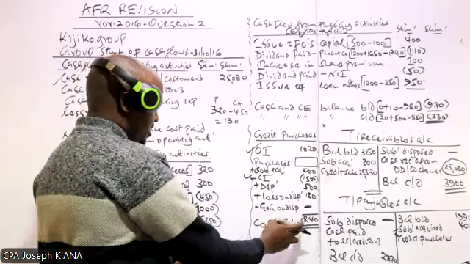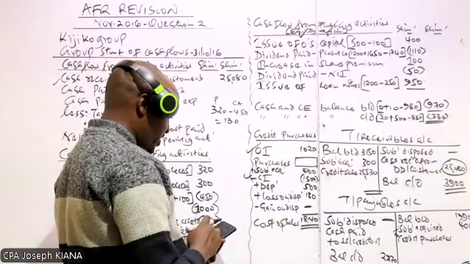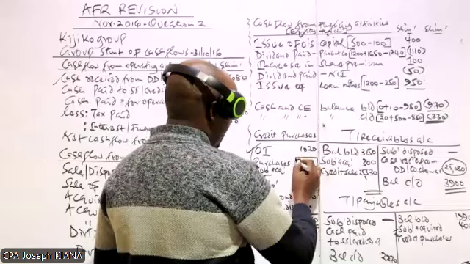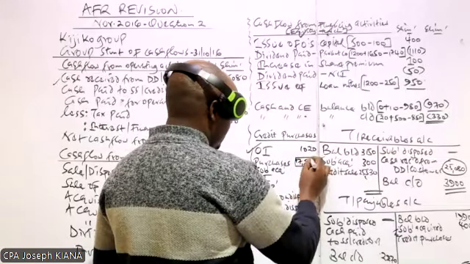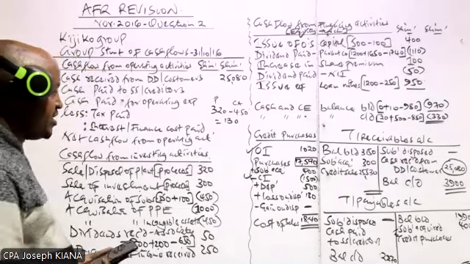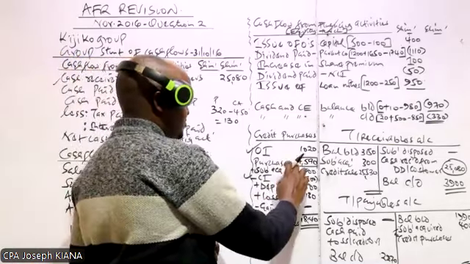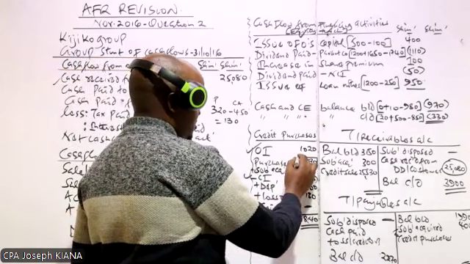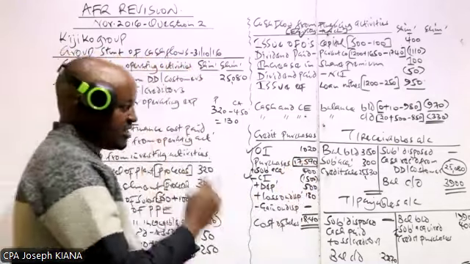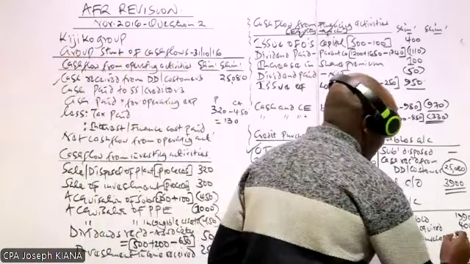And then the difference between 550 and 18,140, I'm getting 17,590. Are you getting 17,590? Yes, that will be our purchases.